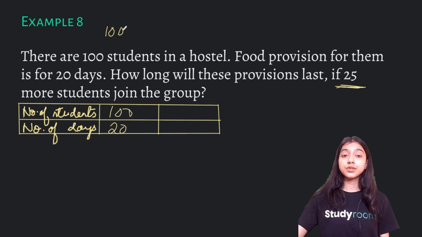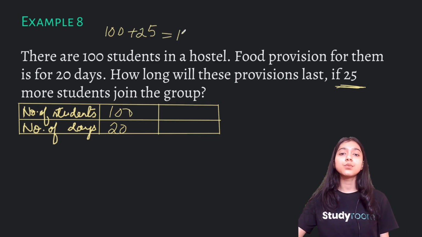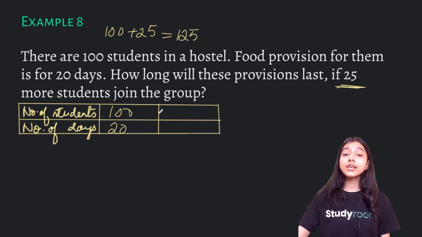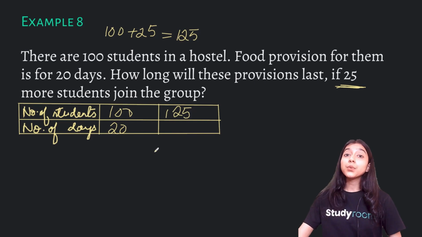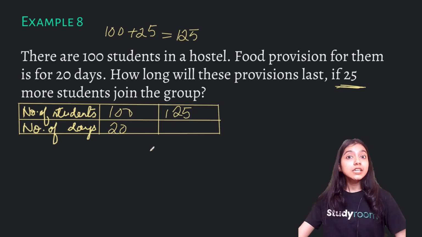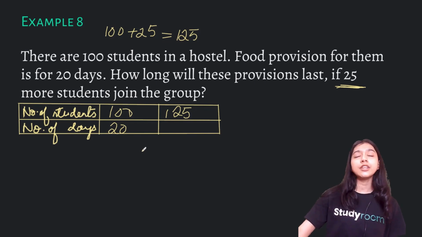So we have 100 students who were initially there, and we have 25 more students. So this gives us 125 students. So we can say that the number of students has now increased to 125. And we have to calculate the number of days for which the food will last in the hostel now when there are 125 students.